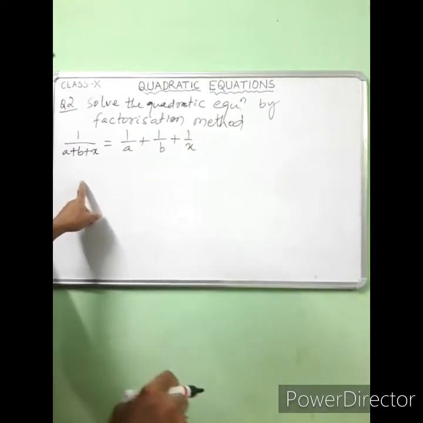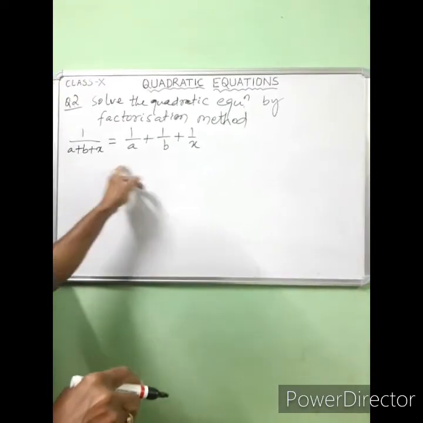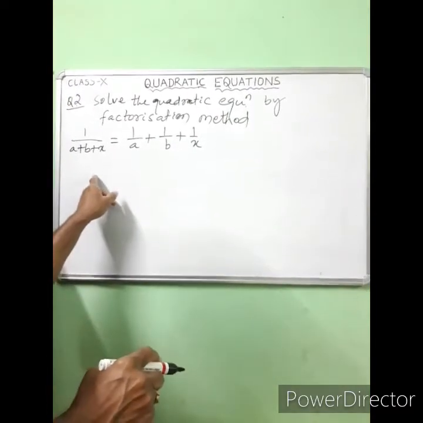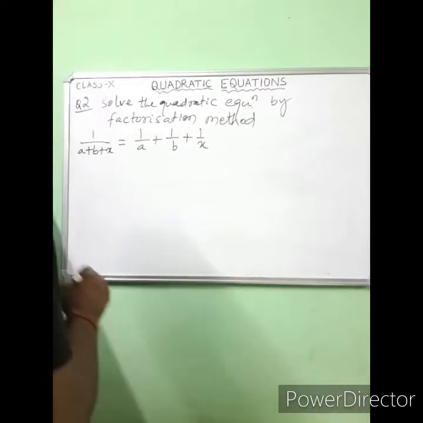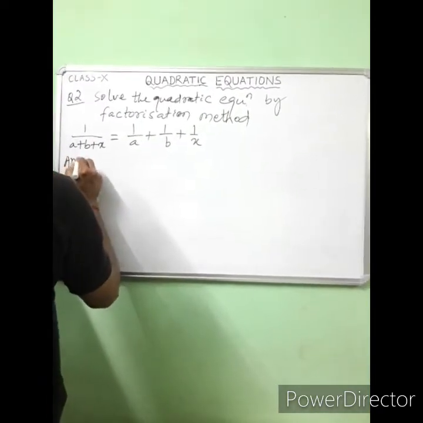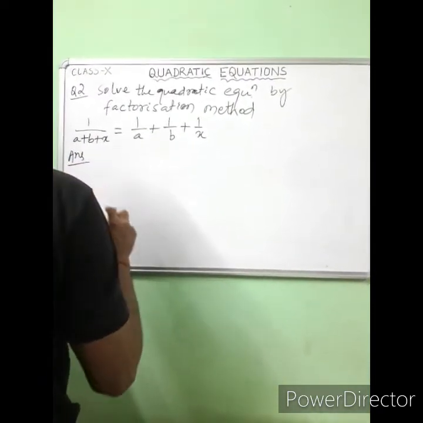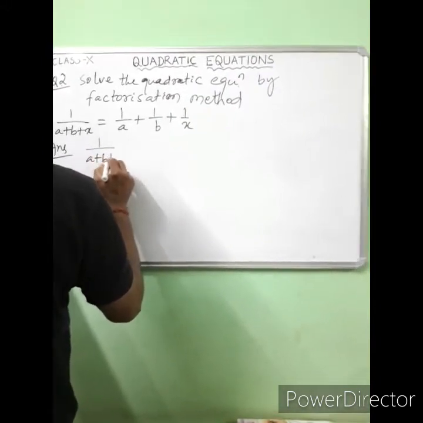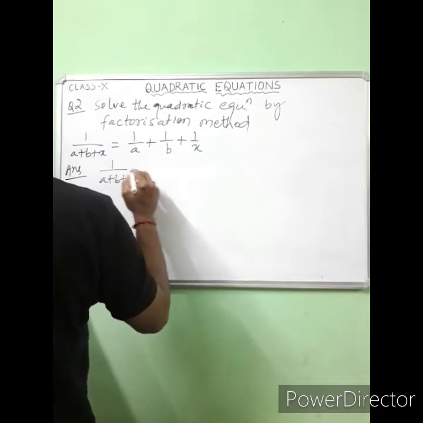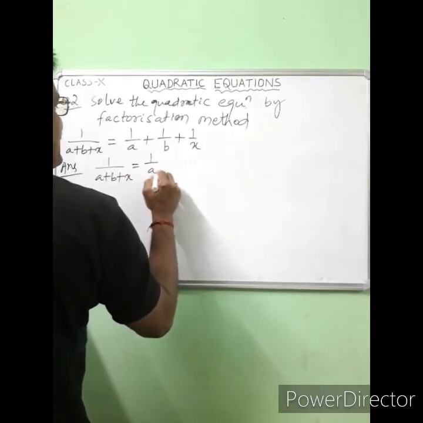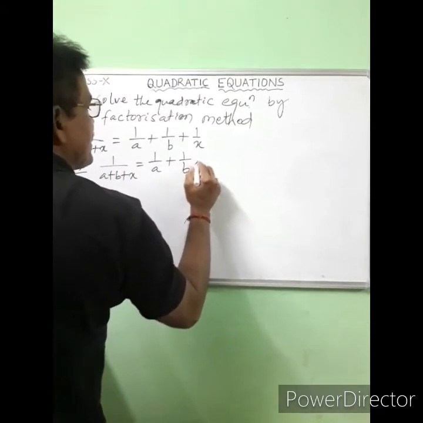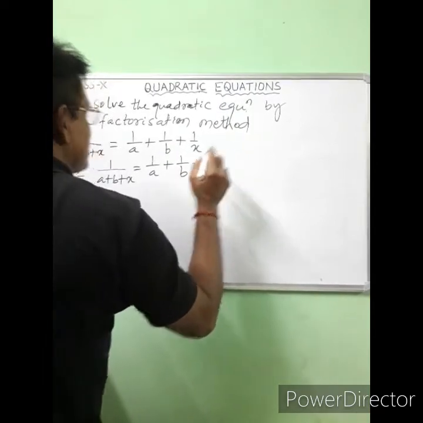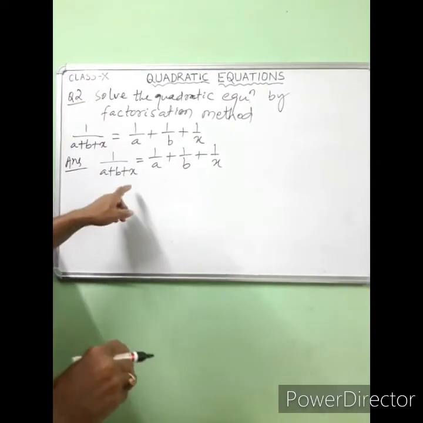This is the question. Solve for x. So the answer is like this: 1 by (a plus b plus x) is equal to 1 by a plus 1 by b plus 1 by x. Clear?